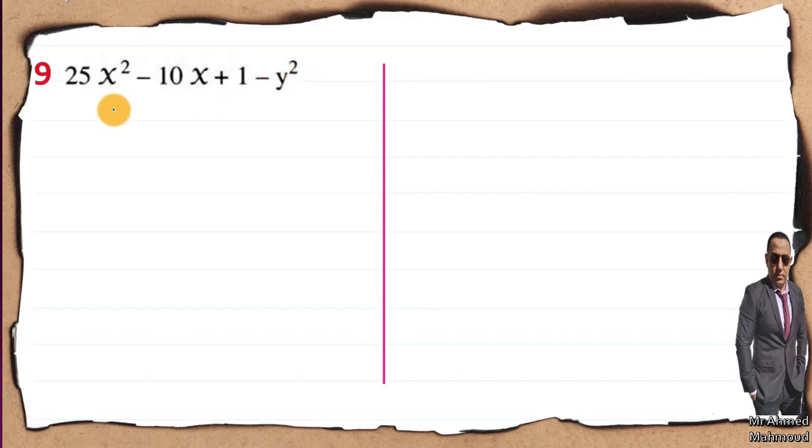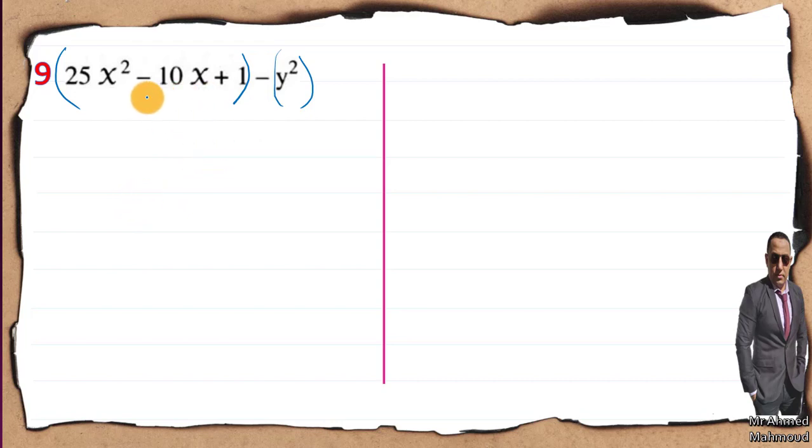Okay, here I can't rearrange, because if I took, for example, 25x power of 2 and the negative y power of 2, the expression will have x and y, and the x and 1 doesn't include x and y. So I'm going to do what? I'm going to take the three terms here together, okay, as a group, and y is another group.